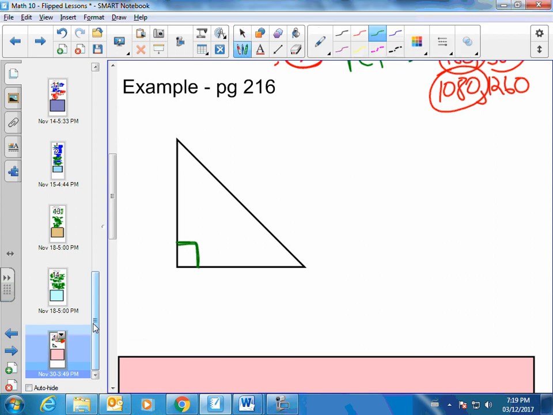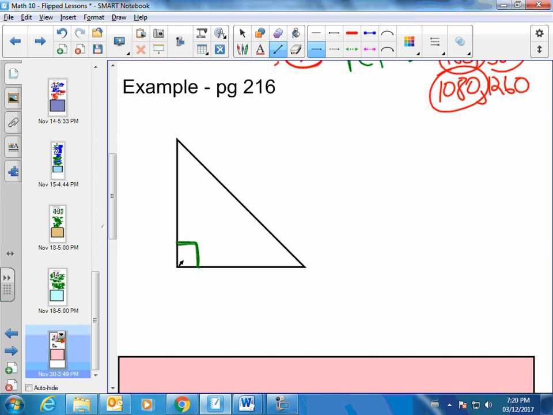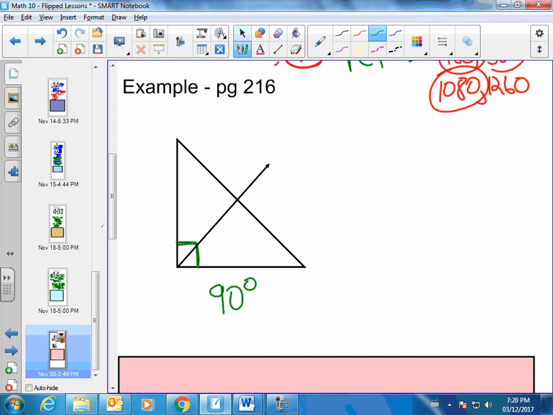But imagine that I were to perfectly cut this, I'm going to use my fancy tools instead. Imagine that I was somehow able to make this exactly dead center of my perfect right triangle. Well, I know that my right triangle is a 90-degree angle. Half of that is going to be 45 degrees.